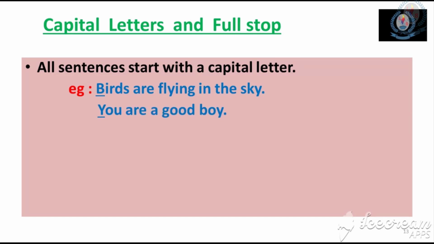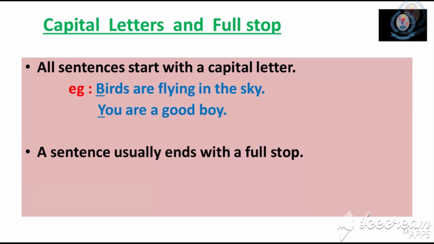You can see the first letter Y is capital. So, when we are writing a sentence, the first letter should be capital. Next rule, a sentence usually ends with a full stop. Example, I need to go there.